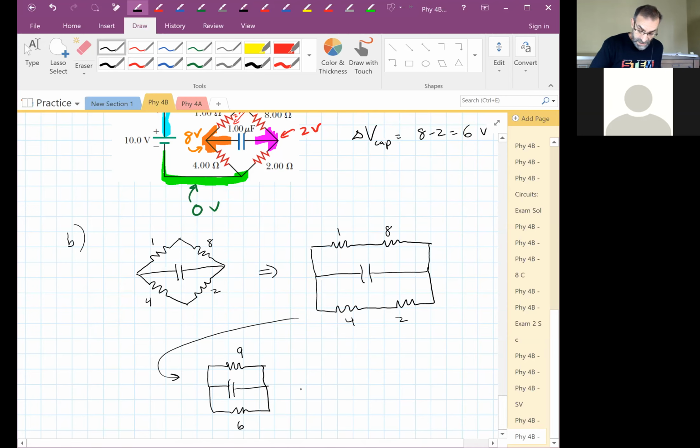And this is the same thing as that, right? It doesn't matter what order the parallel paths are in. These three things are in parallel with each other.